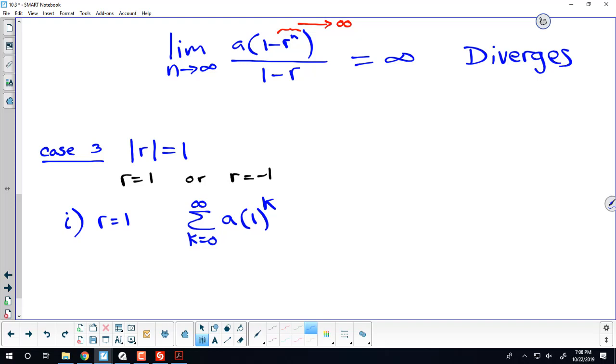Remember, it's a series. Yeah, because the first term is A times 1 to the 0, plus A times 1 to the first, plus A times 1 to the second. Whatever A is, it's just some constant. Maybe it's 2. Then this sum is just 2 plus 2 plus 2 plus 2, right? It diverges.